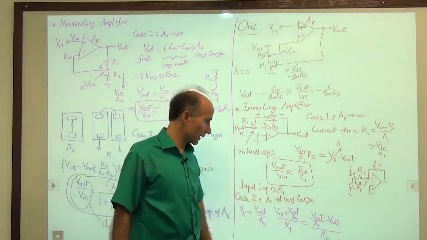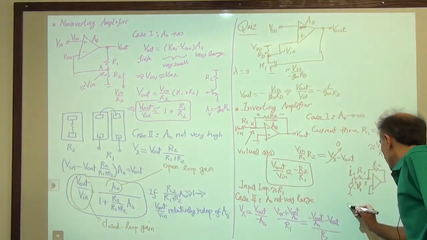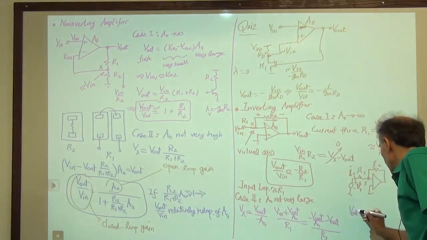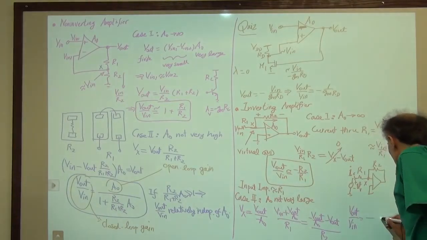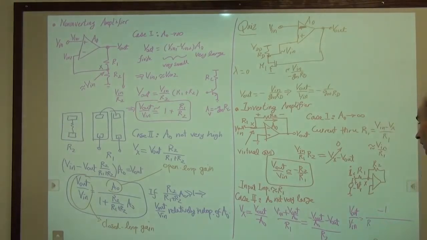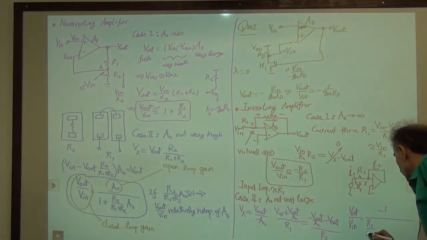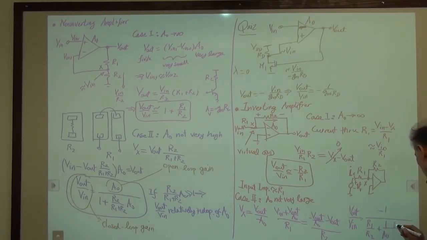Okay, so if we simplify this, for Vout over Vin, we obtain the following. This is the closed loop gain when the open loop gain is not very large. So we get something like this: minus 1 over (R1 over R2 plus 1 over A0 times (R1 plus R2) over R1).